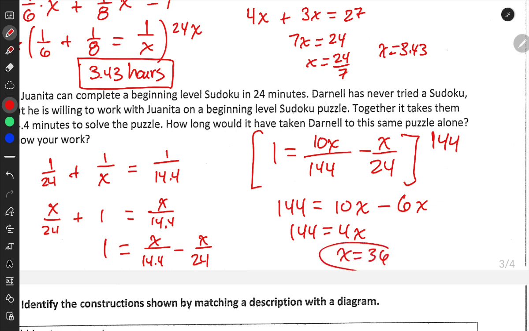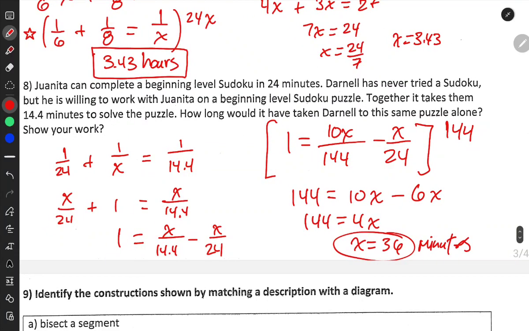Now, I've been all over the place with this. I'm thinking that it would take Darnell 36 minutes to solve this. But before I'm going to be happy with that, I am definitely going to plug in x is 36. So on my calculator, I'm going 1 over 24, and I'm going to add to that 1 over 36.